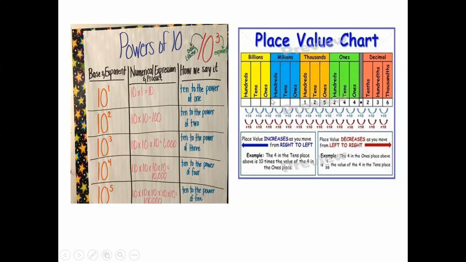From right to left, it increases, right? And if I wanted to decrease, meaning making the value of the number smaller, then I would go from the billions or the millions from the left to the right. So these values tend to get smaller and smaller.